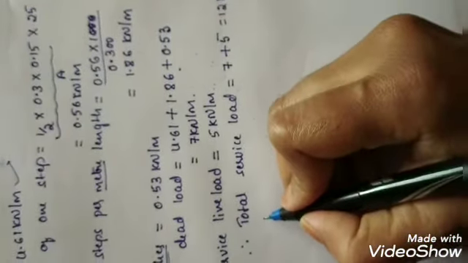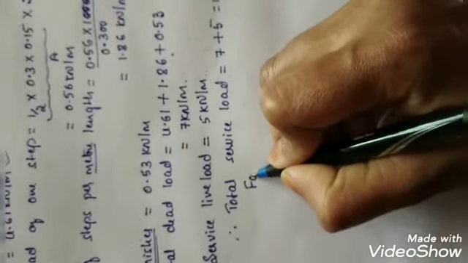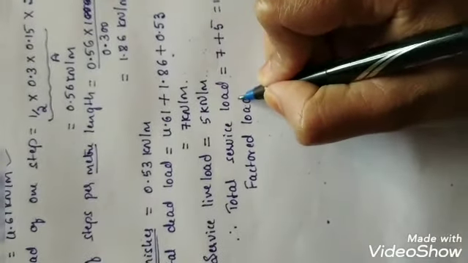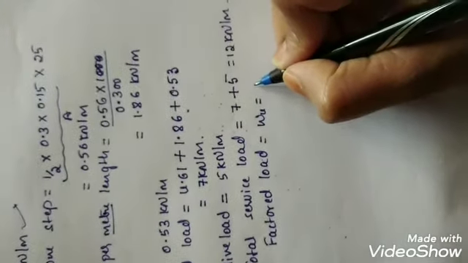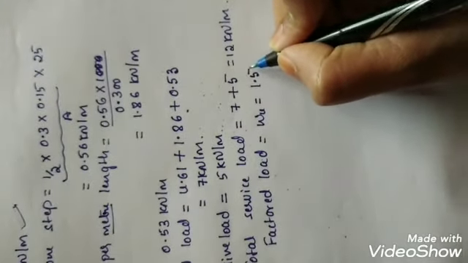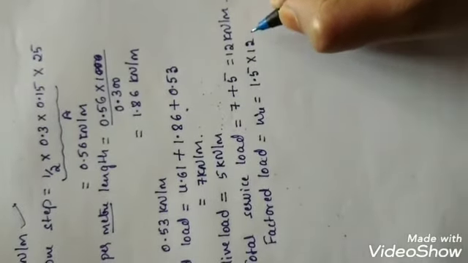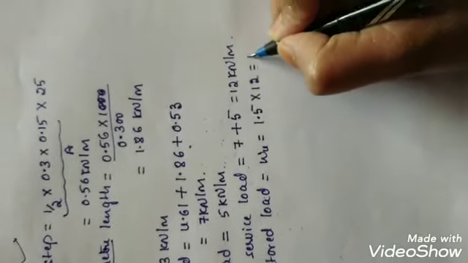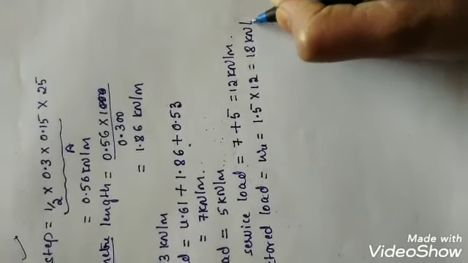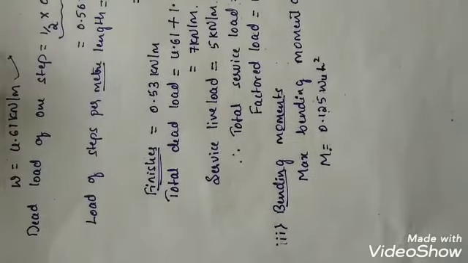And it is a limit state method, so wherever you go, you should use the factored load, nothing but the design load. I need to calculate the factored load, WU, for the calculated total service load, I just multiply the 1.5 factor of safety. So 1.5 into 12, we have got 18 kilonewton per meter. That is the factored load we have calculated.